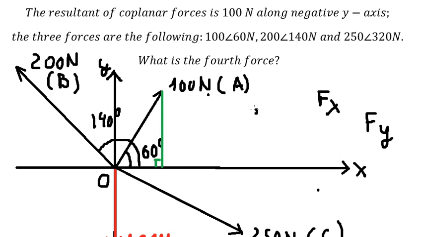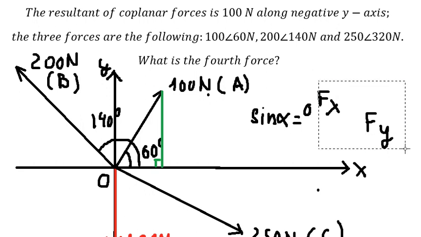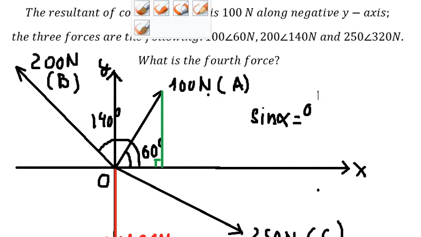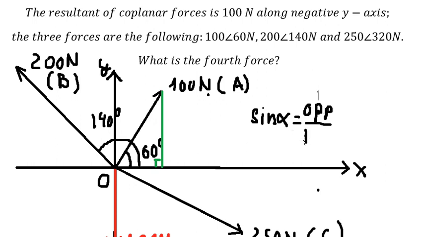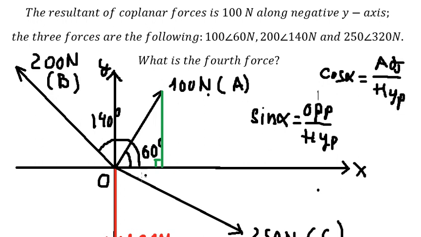We know that sine alpha is opposite divided by hypotenuse, and cosine alpha is adjacent divided by hypotenuse. So we have 60 degrees. We put 60 degrees in here.